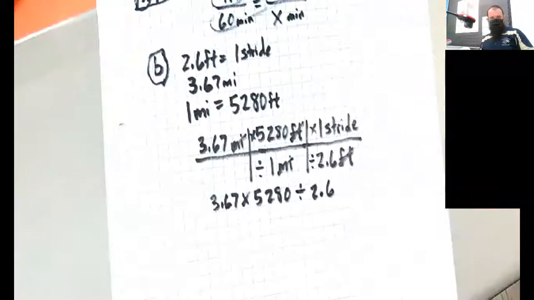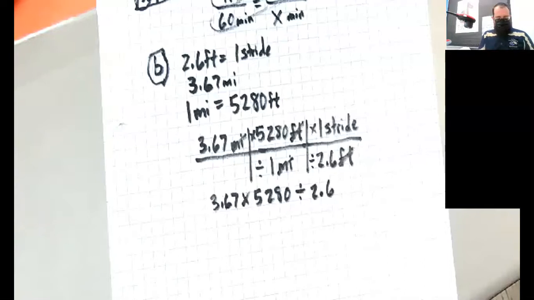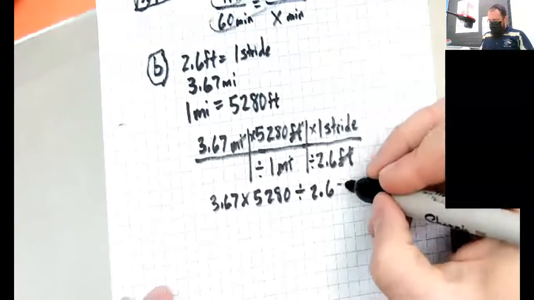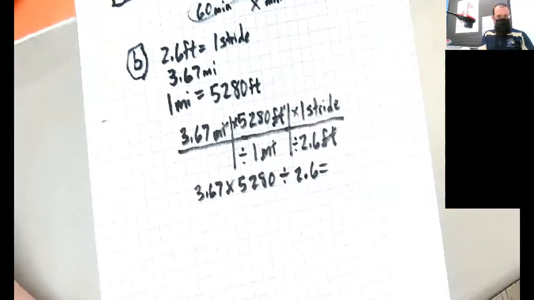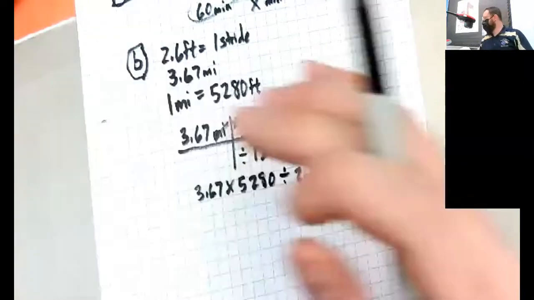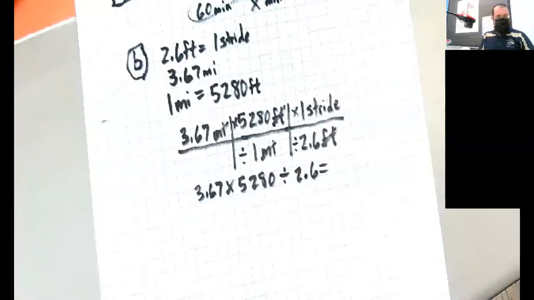You could do either one of these to show your work. So we multiply those, and what do we get as an answer? 3.67 times 5,280 divided by 2.6. What do we get as an answer? 7,452.